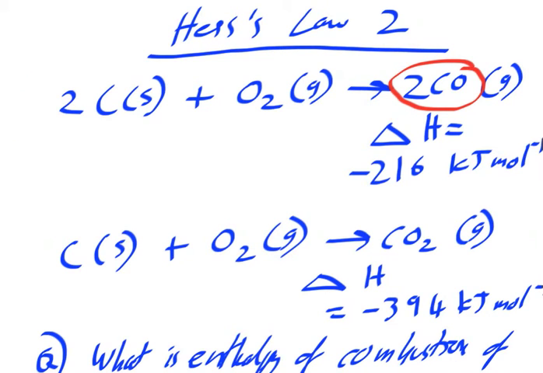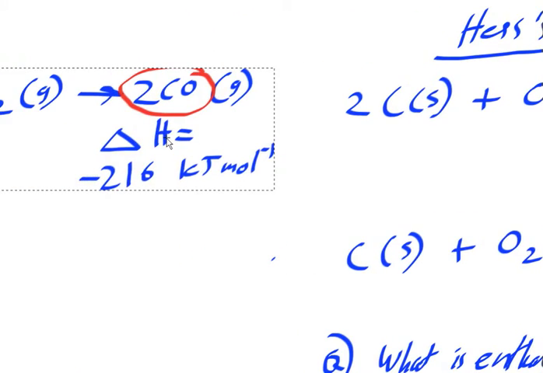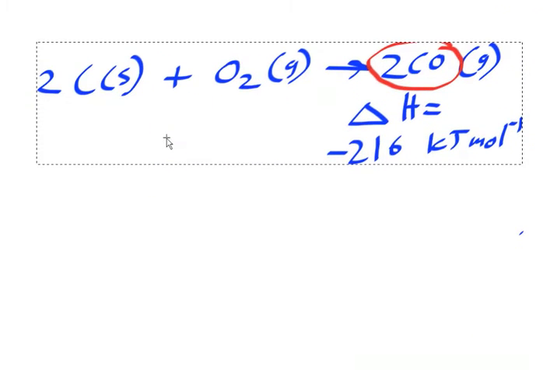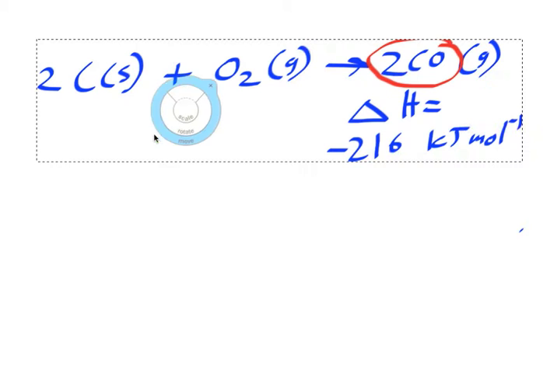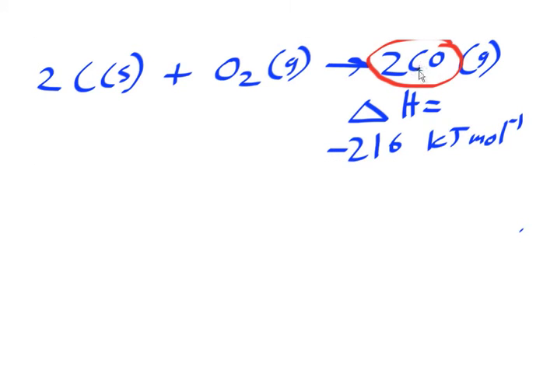Slightly off screen there. Okay. So as I say, I need to get this CO on this side over on the left hand side. I need the arrow pointing the other way, and I need to get rid of this 2 thing. So we're going to do that in stages.